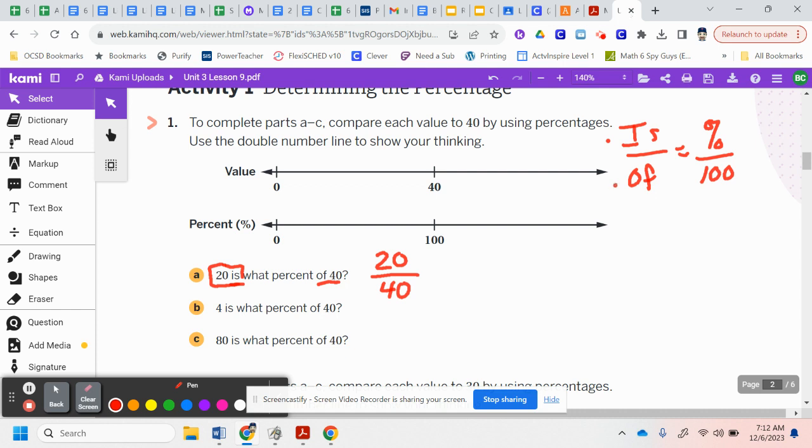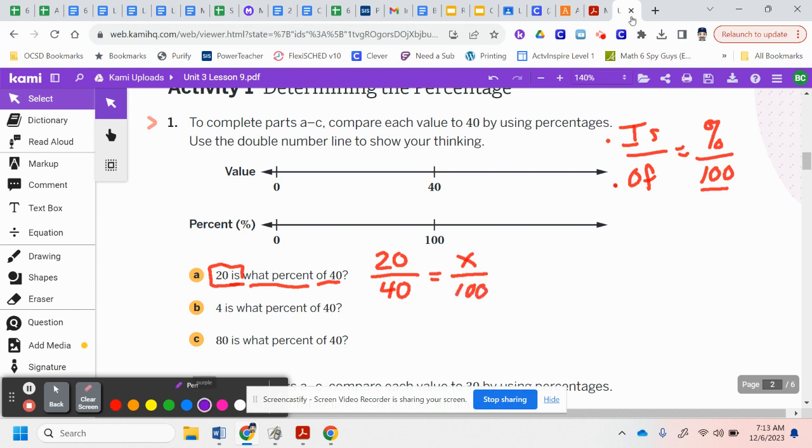There's my of right here. That's going to equal what percent? Well, we don't know that, so I'm going to put an X here. X is a variable, means that it can represent any number. And right now we don't know what that number is, but we want to find it. And percent is always over 100. So my denominator is going to be 100.